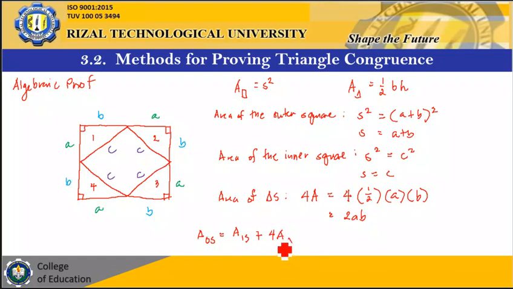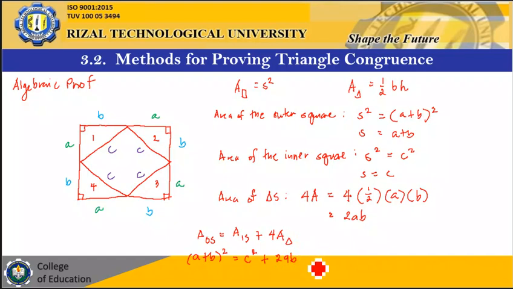This is simply saying that the area of the outer square is A plus B quantity squared, which is equal to the area of the inner square, C squared, plus 4 times the area of the triangle, which is 2AB by substitution.